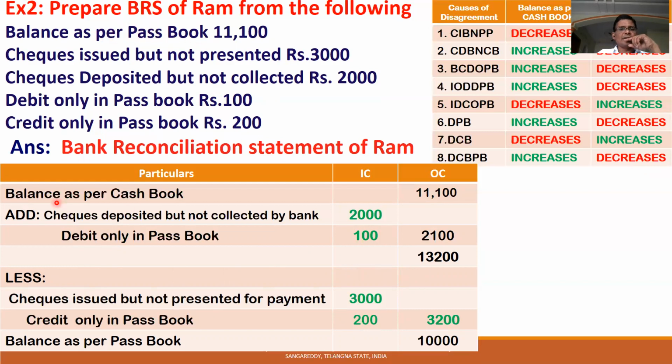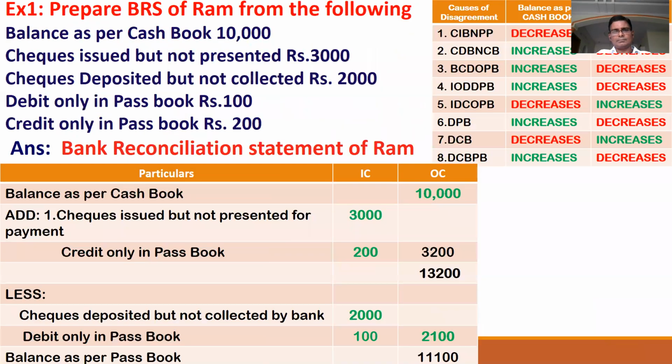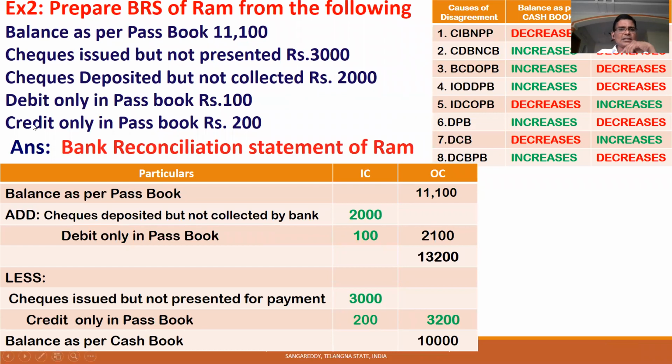Balance as per passbook 11,100. When cash book balance is given, we get the answer as passbook. You see the first one, check issued but not presented.